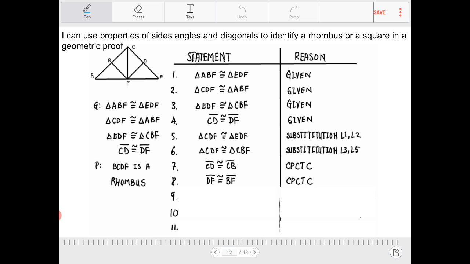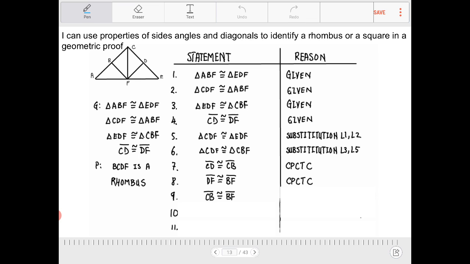Because DF is congruent to BF, and we know that CD is congruent to CB, we don't quite have that all the sides are congruent yet. We need to link all the sides to one another.